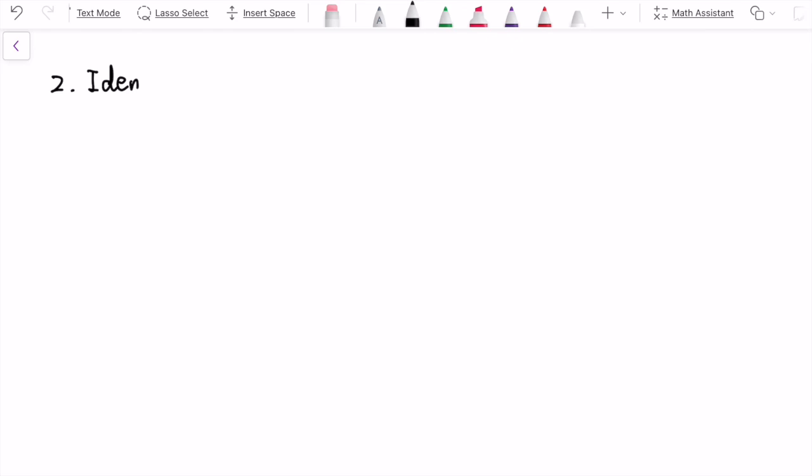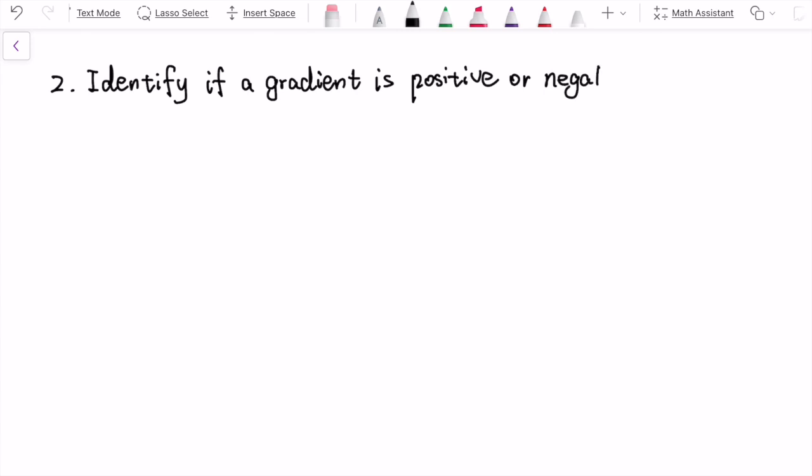2. Identify if a gradient is positive or negative.